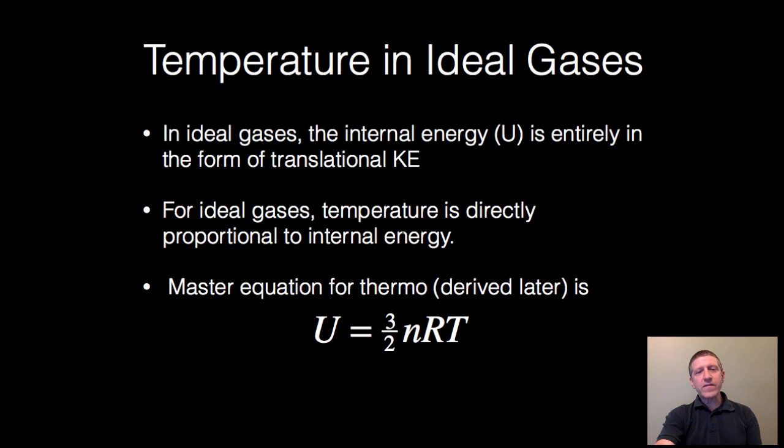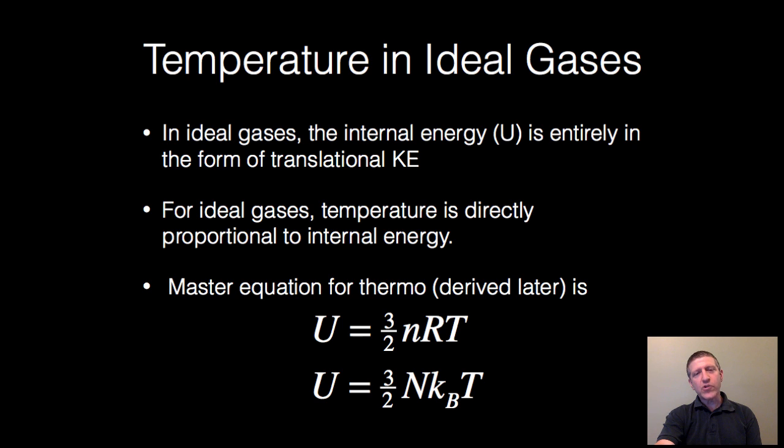We can also write this way. The internal energy is 3/2 times big N, the number of molecules in a gas sample, times k sub B. k sub B is Boltzmann's constant, and we'll discuss the meaning of both R and k_B later. Again, times T. These two equations are very, very closely related, and if you look closely right here, you might guess this combination nR is equal to what times what in another equation?